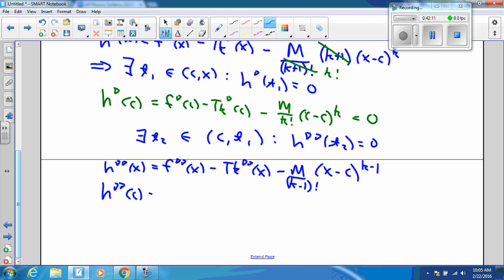And when I evaluate h double prime of c, lo and behold, that's f double prime of c minus Tk double prime of c minus nothing. And these two are equal because of our best estimate criterion, so h double prime of c is equal to 0 also.